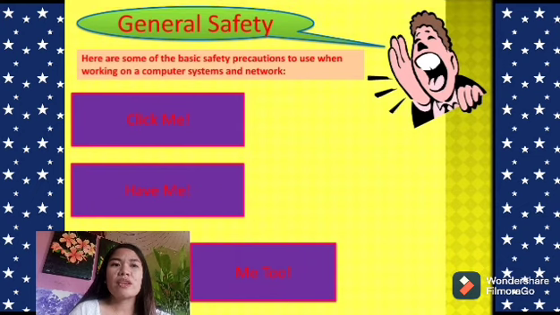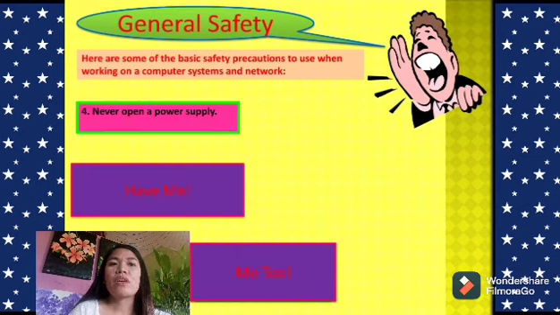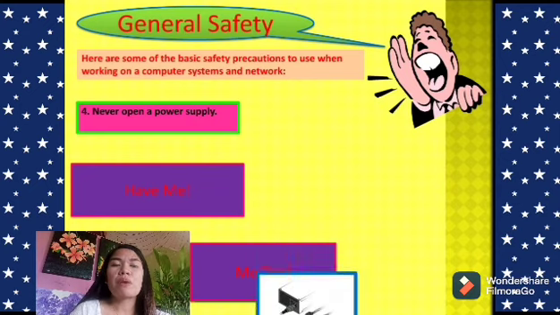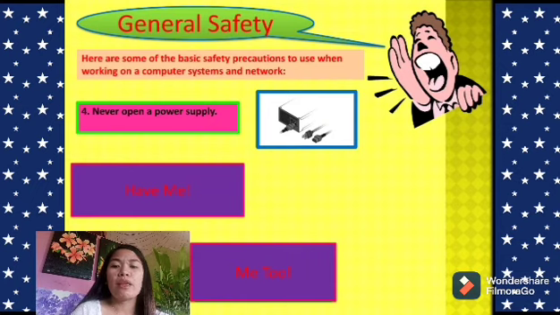Okay, next is number 4. Never open a power supply. Why? When computer is not in use, not only to avoid high electrical bills, but also to avoid damage or short circuit.